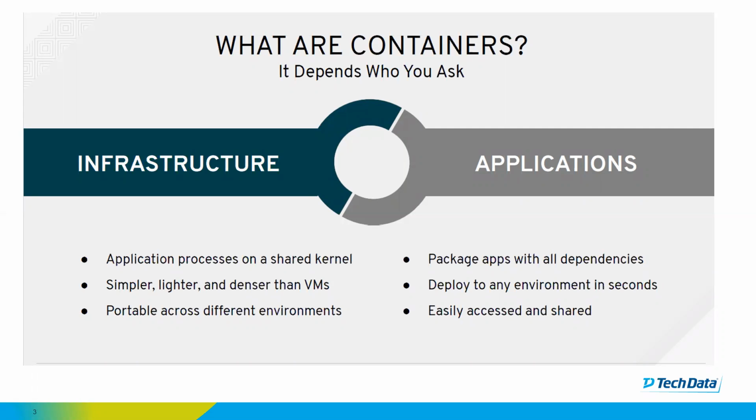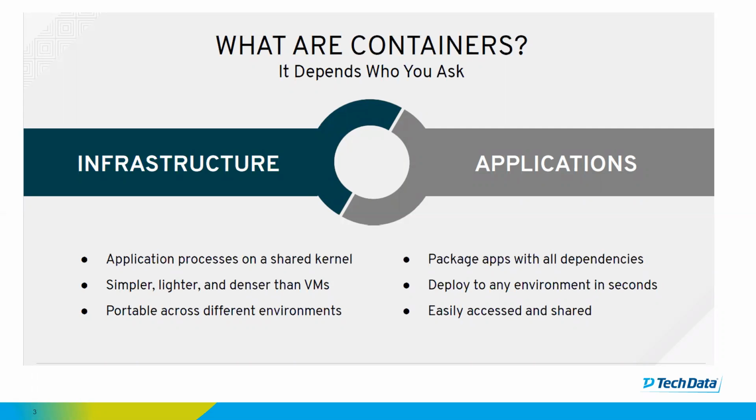So containers are really just simpler, lighter, and more agile than virtual machines. They're portable across different environments, whereas virtual machines are not portable across the hypervisor. And for IT teams, they're readily accessible and easily shared. One of the big differences too is that these application processes that you would containerize share the same kernel.